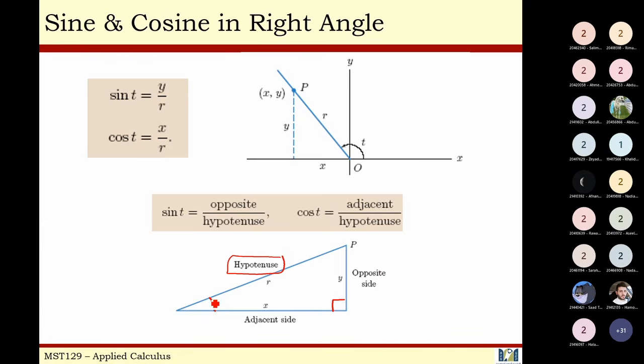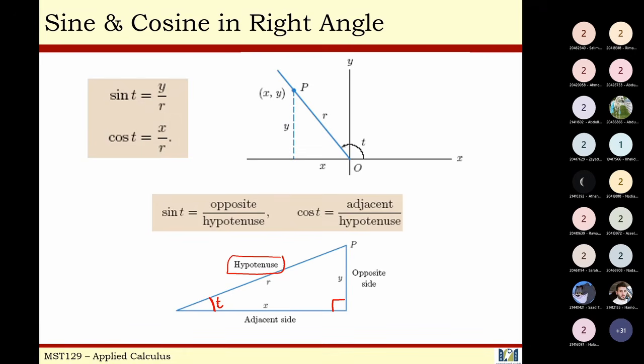For the angle T. Angle T, the opposite of angle T, this is Y, okay? And the adjacent of angle T, this is the X, okay? Opposite means مقابل T. Adjacent مجاور T. And the hypotenuse, this is the الوتر في مثلث قائم الزاوية.